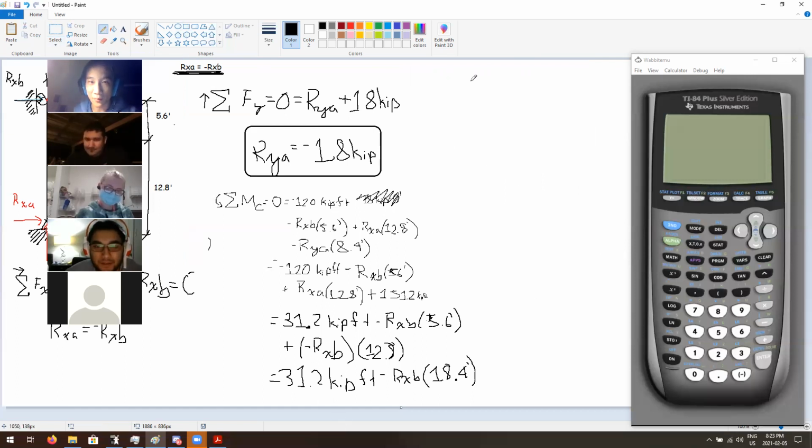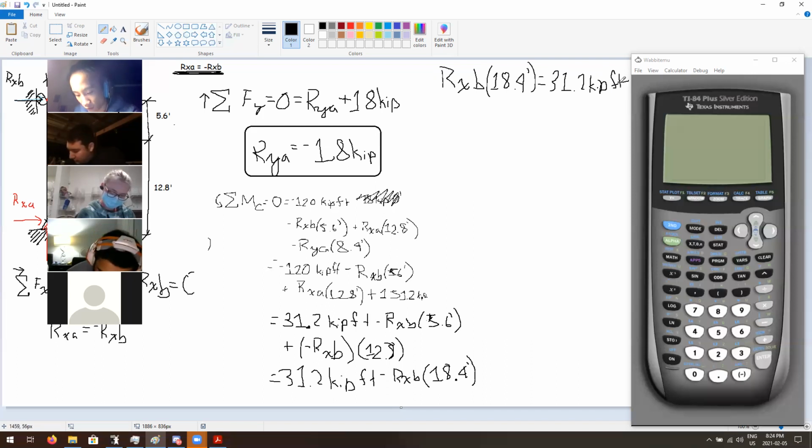All right, we got this. Let's move RXB to the other side. It was negative, now it's positive because we added it to both sides. RXB times 18.4 feet equals 31.2 kip feet. Divide both sides by 18.4.